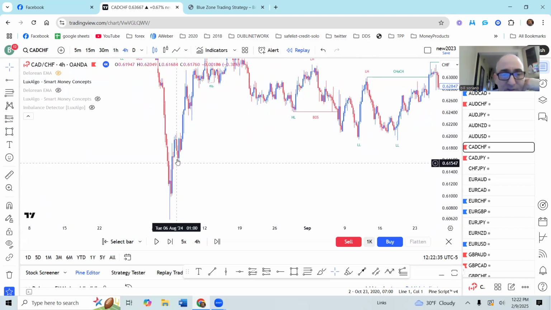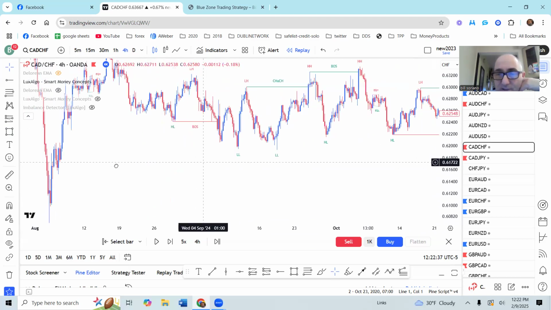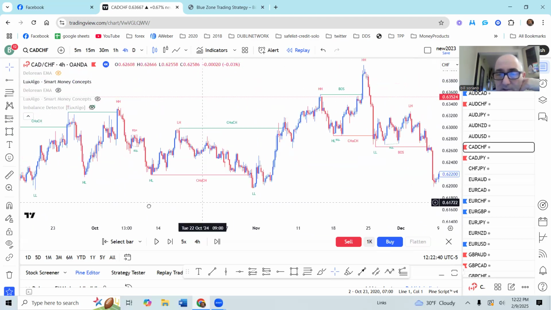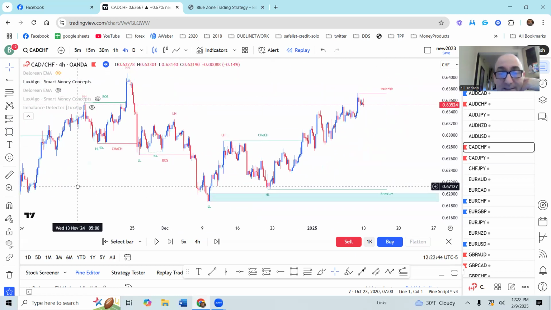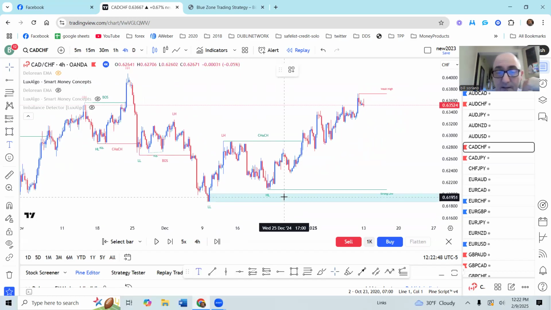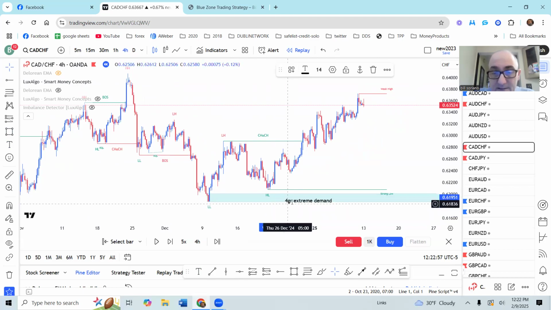This price action is efficient, not inefficient. So I'm not really concerned about that area. And since it's so far back, I'm going to consider this an extreme zone. So for me, this would be a 4-hour extreme demand zone.